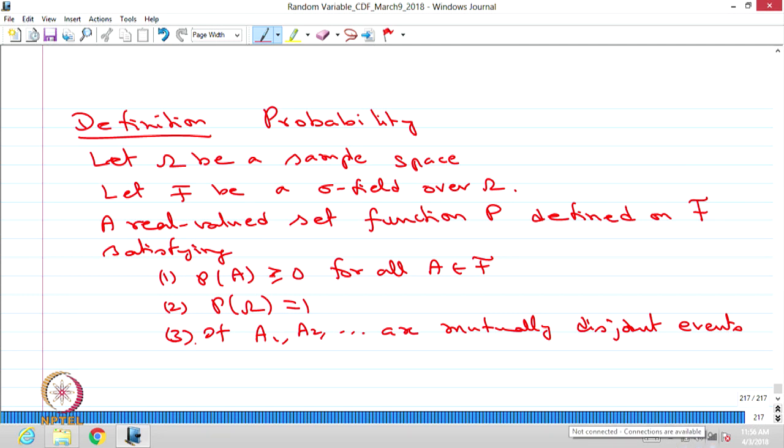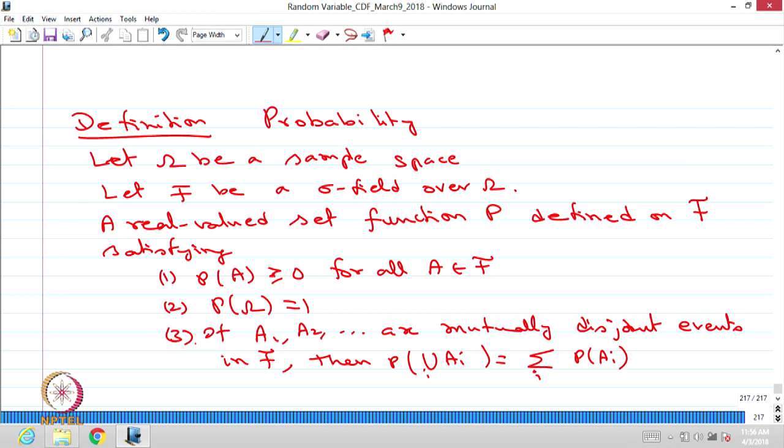Mutually disjoint events in F, then the P of union of Ai's over i is the same as summation P of Ai's over i.